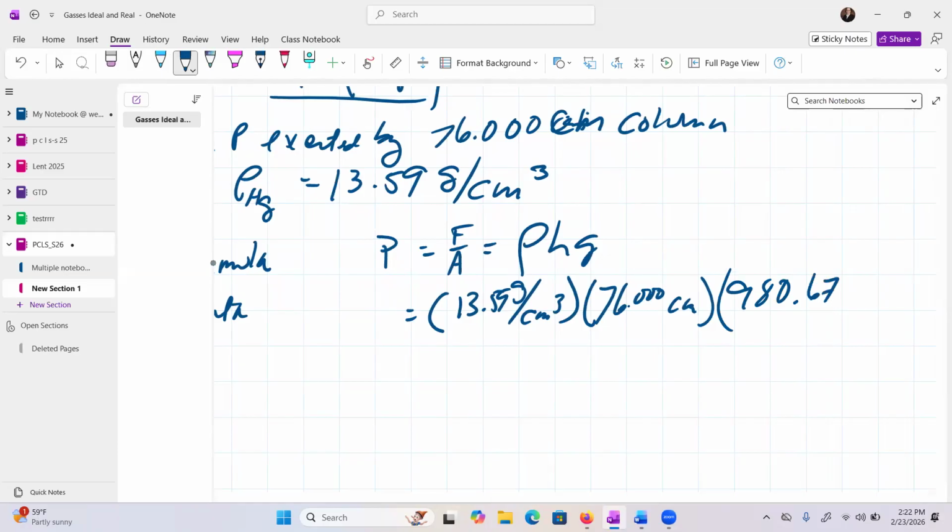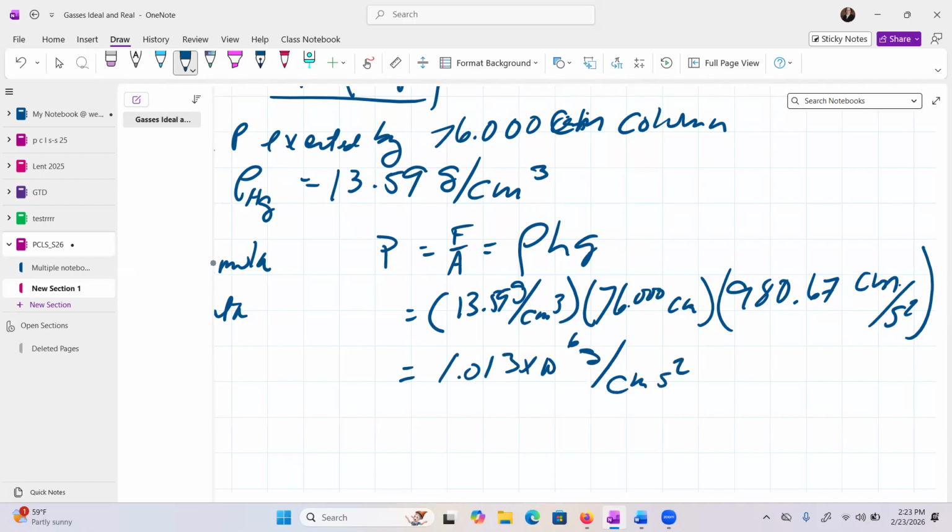This is the gravitational constant you do not remember from physics. We would substitute and use the calculator to get the answer. So this is 1.013 times 10 to the 6th grams per centimeter second squared. And this is how we can use that in order to calculate pressure.